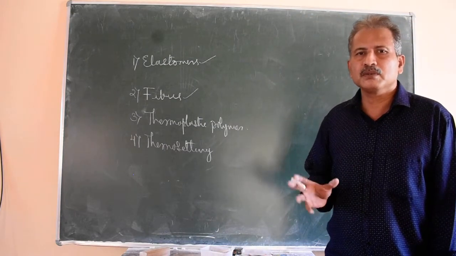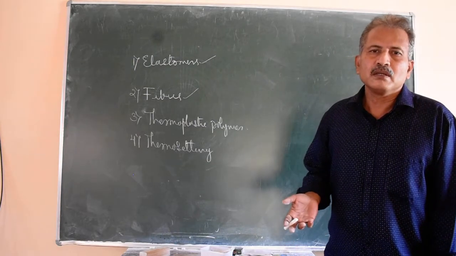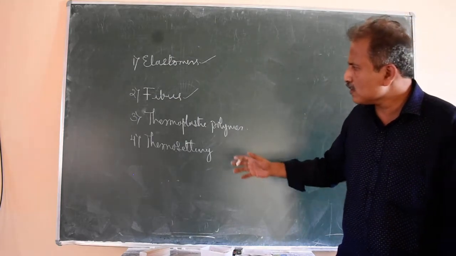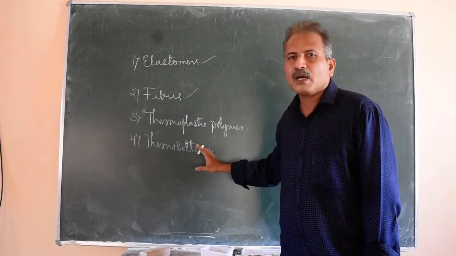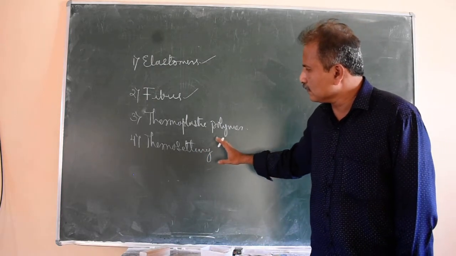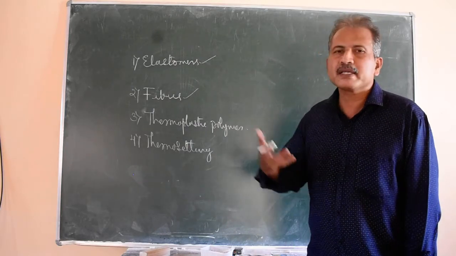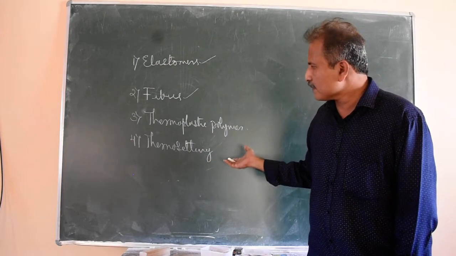Very extensive cross-linking goes on, and they will become an infusible mass, of course. That means once you use them or once you heat them, you can't reuse them again. So they turn into an infusible mass due to that extensive cross-linking and branching that takes place.